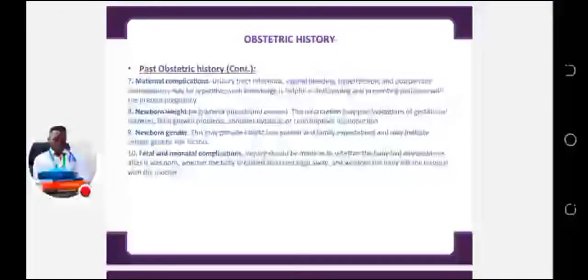Okay, the newborn gender is also very important. You need to know the gender. Is it male or female? This may provide insight into the patient and family expectation, and may indicate certain genetic risk factors. Then 10, we are referring to the fetal or rather neonatal complication.